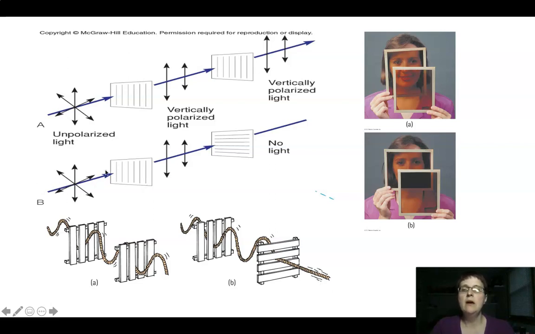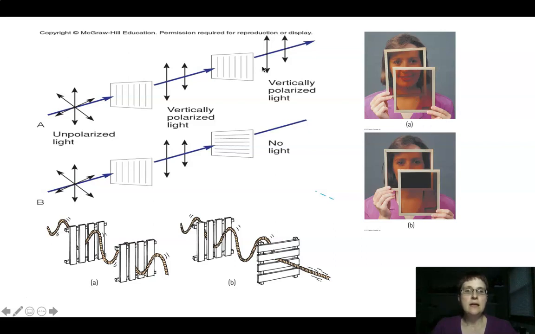And up here on B, that's what we're seeing with the light. We've got unpolarized light, it goes to the first filter, vertically polarized light, so we've got up and down. Then it hits the second filter, and it's horizontally oriented, which means that these light rays can't make it through there. And so out the other side, no light rays. And so that's what you're seeing over here.